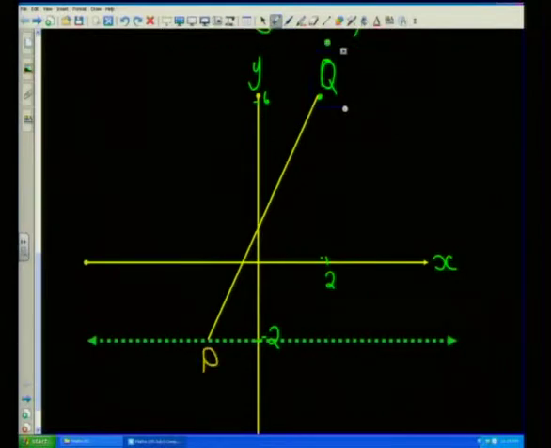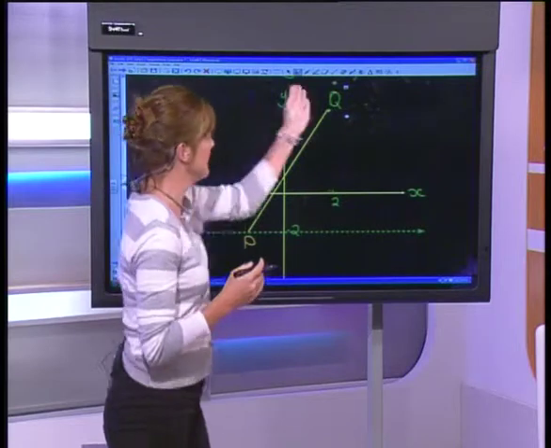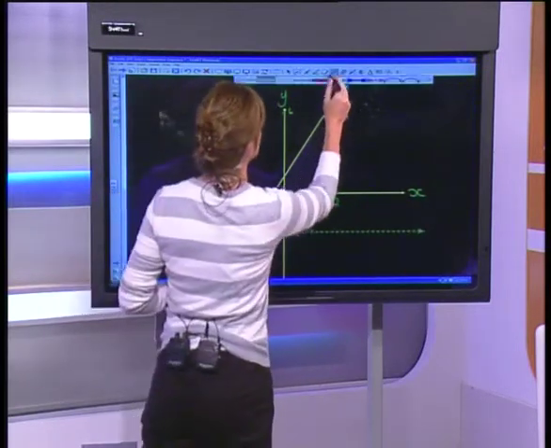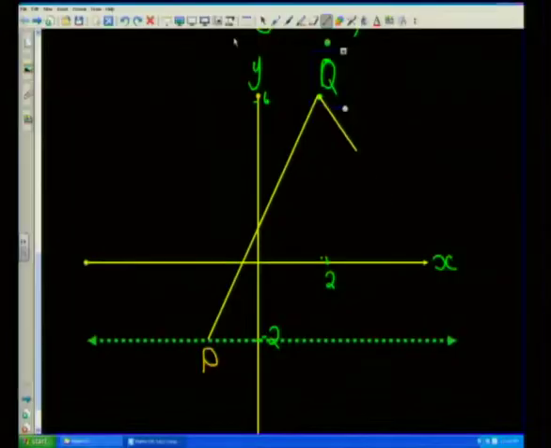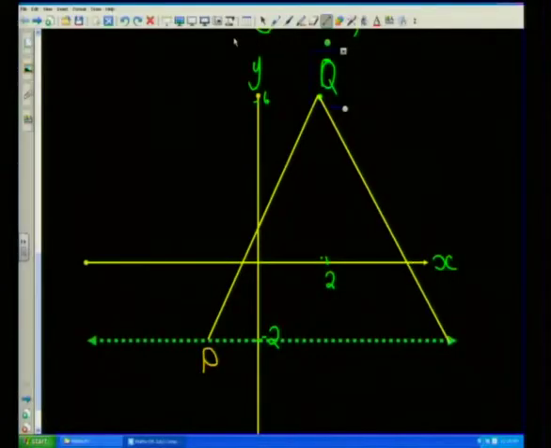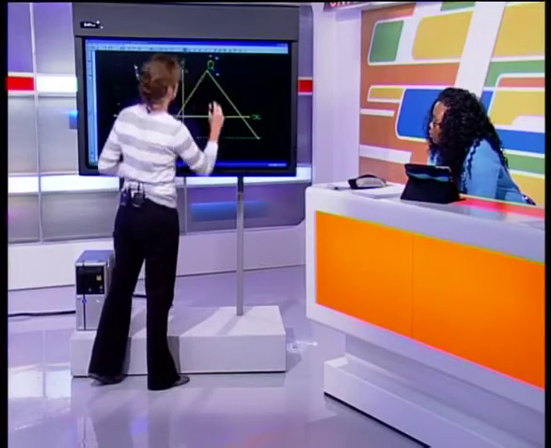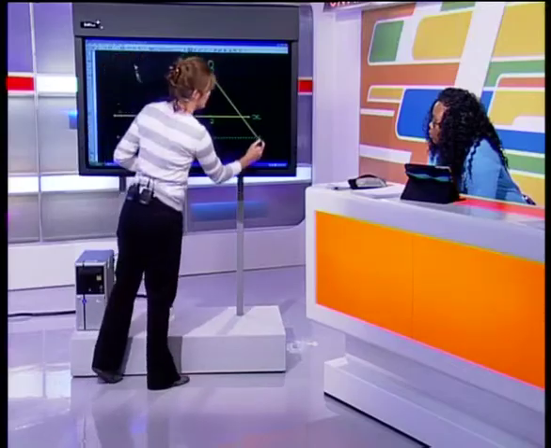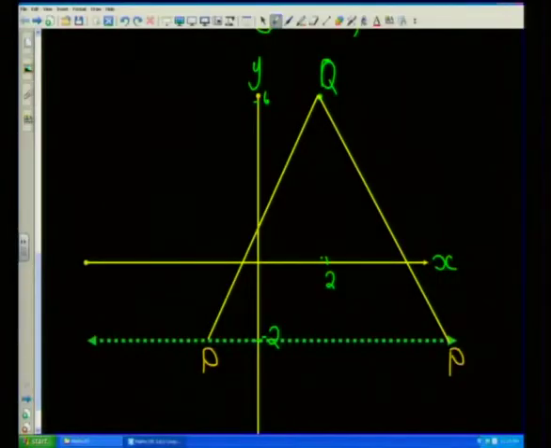But let's not discount the fact that that distance from P to Q could have gone in the other direction as well, okay? So we could have said that the distance from P to Q could have been 10 units in that direction. So this is a possible point P, but this is also a possible point P. That's another possible point P. So we have to watch out for that, okay? We know that the distance from P to Q was 10 units, right?